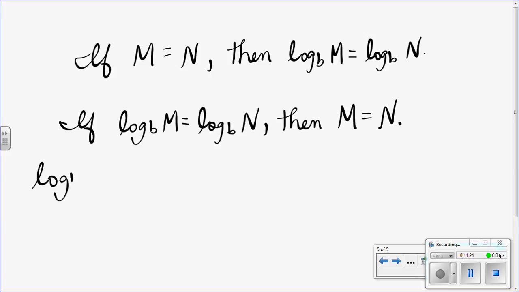Log base b of b equals 1, because anything to the first power is itself. Log base b of 1 equals 0, because anything to the 0 power is 1.